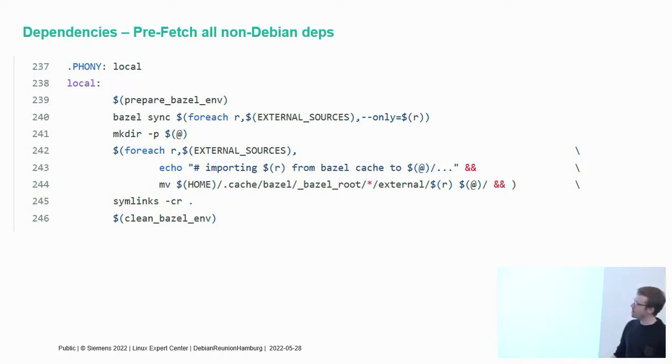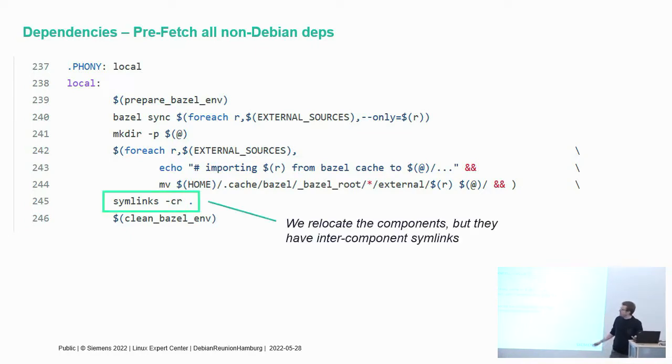This is the Debian rules file, and there we have a local step which we manually call to let Bazel fetch all external dependencies. Then they are placed in the cache, and then we can relocate the cache, but unfortunately we also have some symlinks in the cache which are not really relocatable. So first we have to make them relative, and then we can relocate the cache and put all that in the sources package. So that was the first fun we had there.